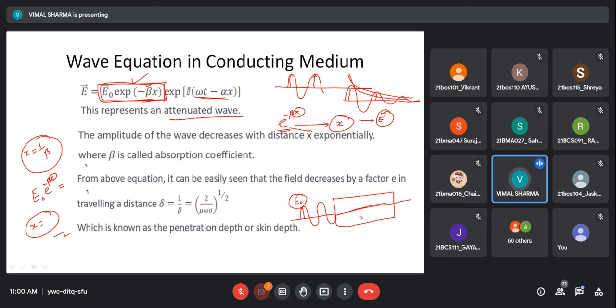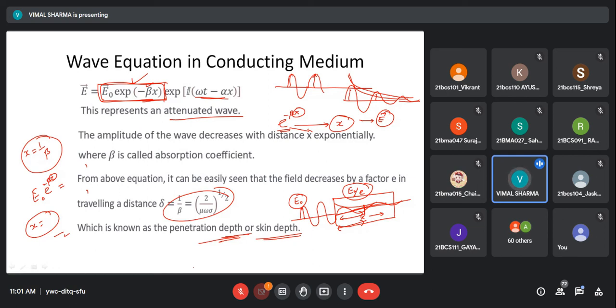When it travels through this conducting medium, the amplitude will decay exponentially, and the distance up to which E naught reduces to E naught divided by e is the skin depth of the electromagnetic wave in that medium. So this is how an electromagnetic wave behaves when it propagates through a conducting medium. There is an exponential decay in its amplitude.